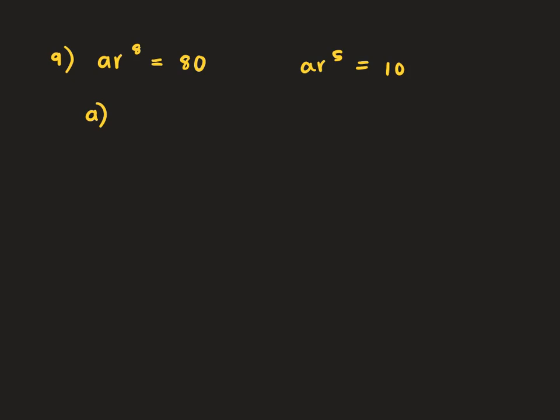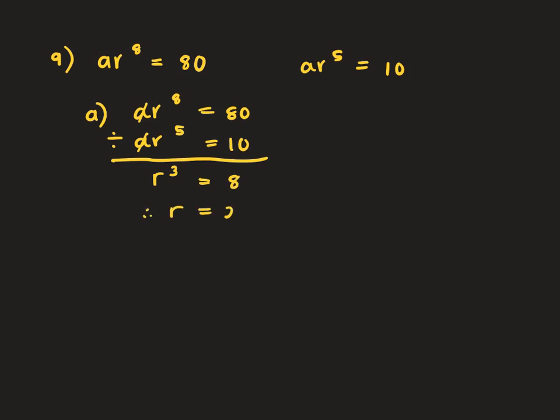Okay, so we're going to go ar^8 equals 80. We're going to divide that by ar to the power of 5 is 10. So when you divide the two, the a's cancel out. r to the 8 divided by r to the 5 is r cubed, and 80 divided by 10 is 8. If we cube root both sides, we get that the constant ratio is 2.